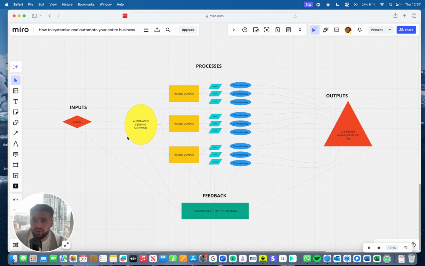So that once we've done that, we've automated every single part of the business, from the inputs to the processes, to the outputs as well. So the outputs would be, to automate that, we would be having sales reps who are going to convert these appointments into clients for us. So that this whole process from turning a stranger into a client is completely automated.